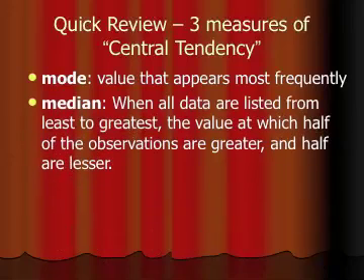Okay? Another way to measure central tendency is the median. That means when all the data are listed from least to greatest, the median is the value at which half of the observations are greater and half are lesser. If your numbers are from 1 to 10, and you have 5 number 1s, 7 number 2s, 6 number 3s, 2 number 4s, and so on, you could find the number at which half of the observations are bigger and half are lesser.